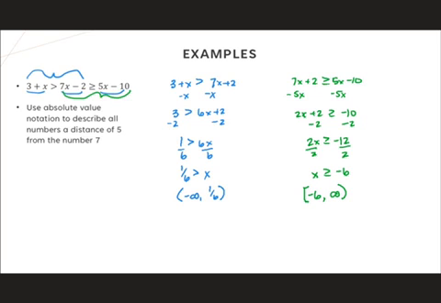Now, the tricky part here is putting those back together. When we do these simultaneous intervals, they get joined by the word "and." And what that means is when I get down to the bottom here, I'm going to draw these intervals. So if I go from negative infinity to positive 1/6, I've got an open dot and I'm shading out to the left.